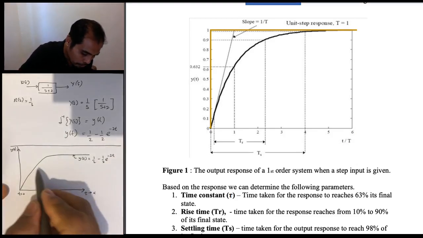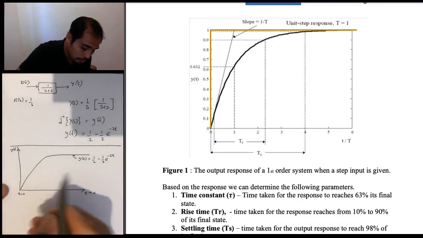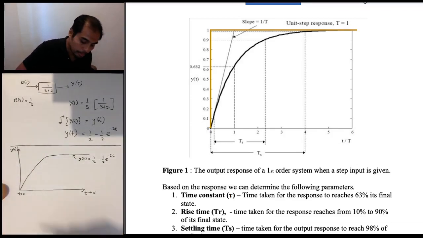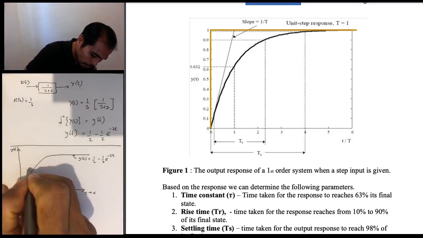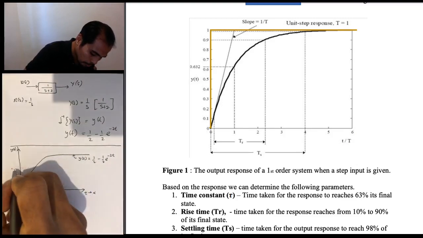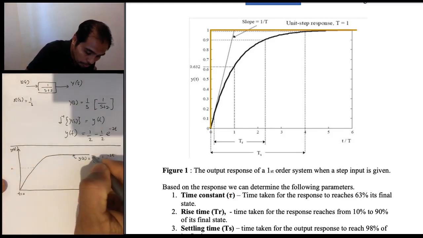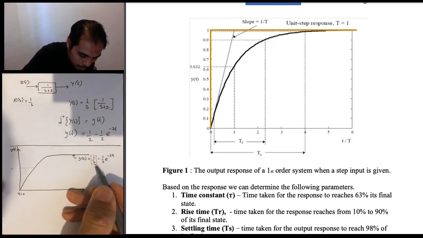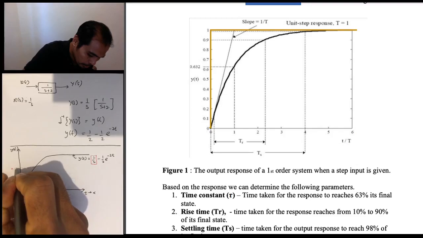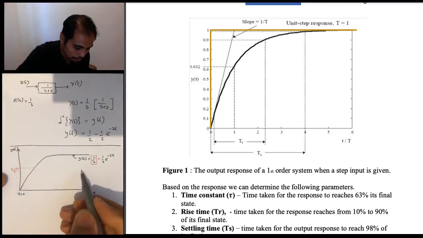So we have to find the same parameters again. At 63.2% of this, instead of from 1, it is 0.632 divided by 2, because this is half.